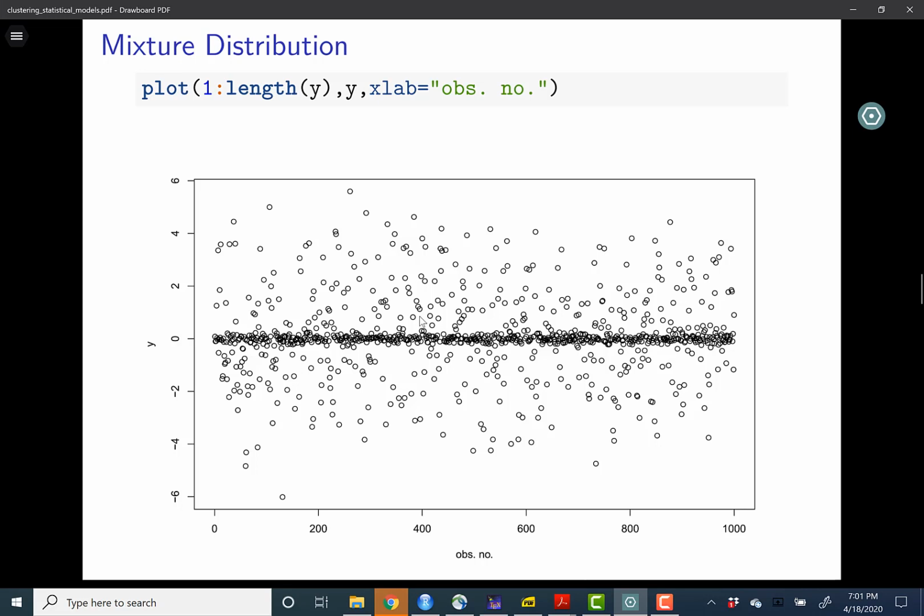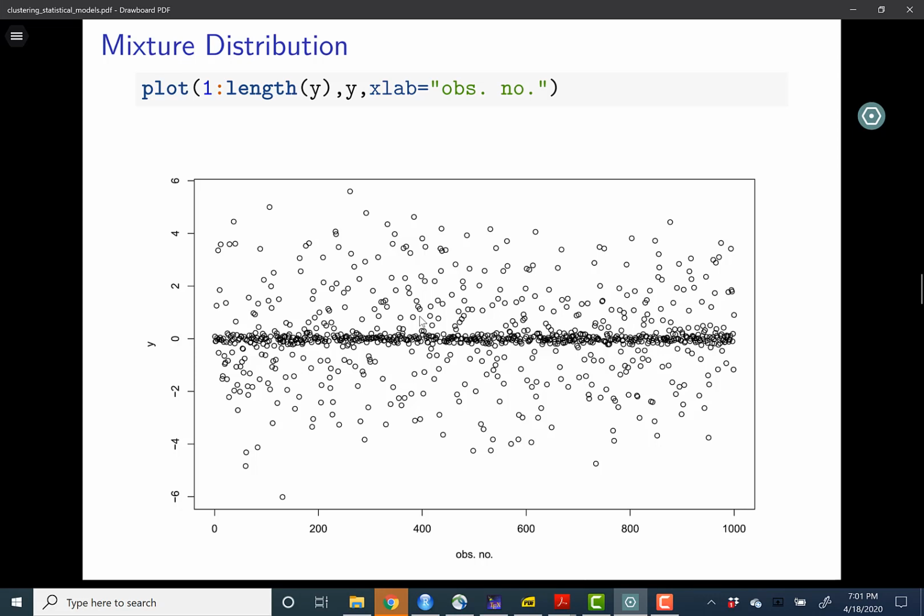This is just to give you an idea of how data coming from different distributions will look different. And this mechanism of clustering using statistical models should help us cluster these kinds of data.